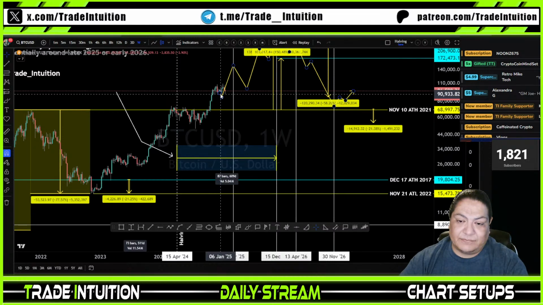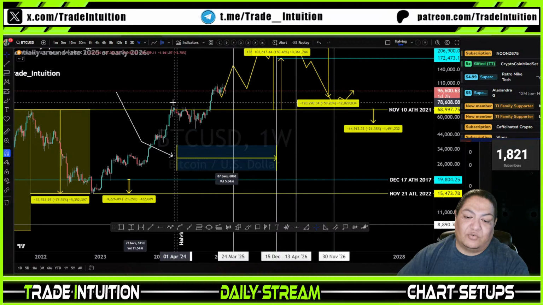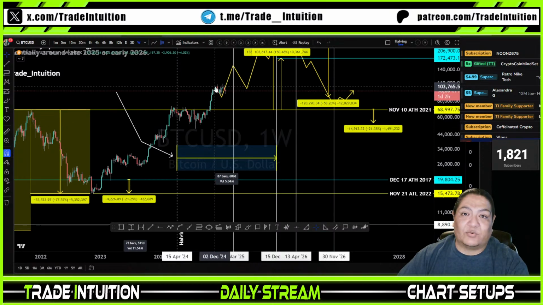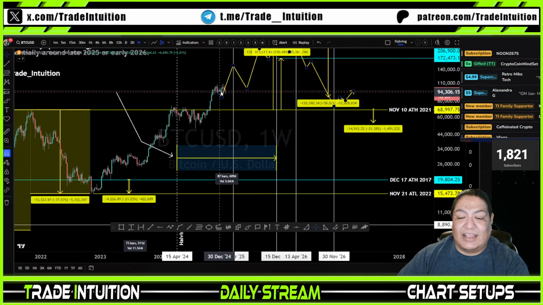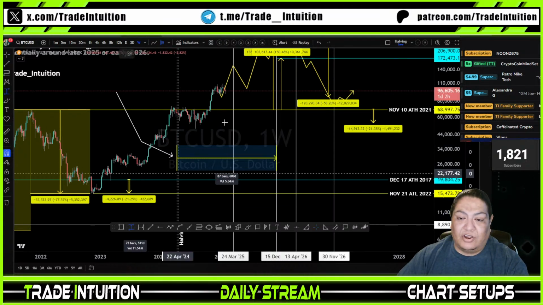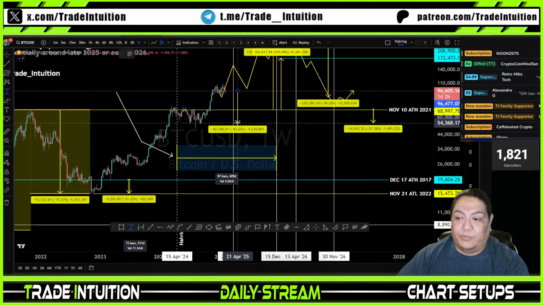If at this moment we are at the all-time high, and this was our first run up, all-time high, this was our retrace, and this was our second run up, with the second high being higher than the first high, and we get our bear market pullback, if it starts from here, we're looking at a pullback of around 43%.